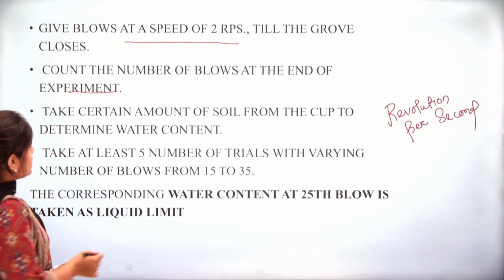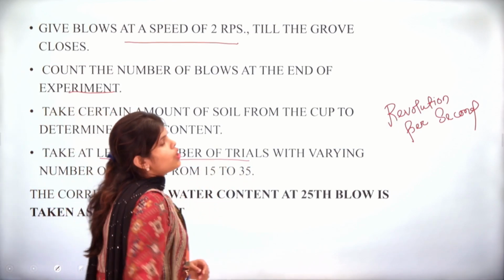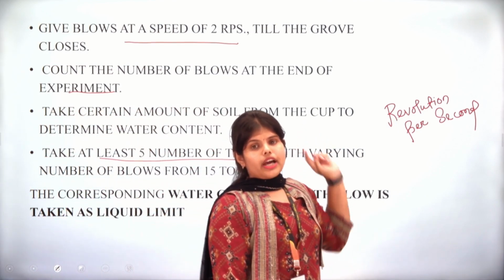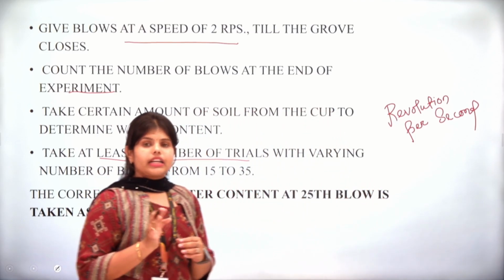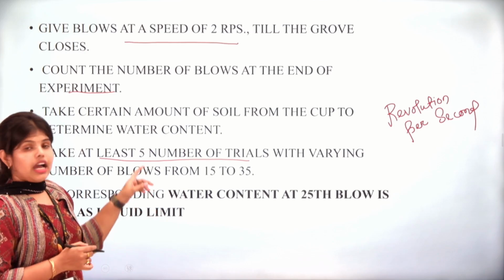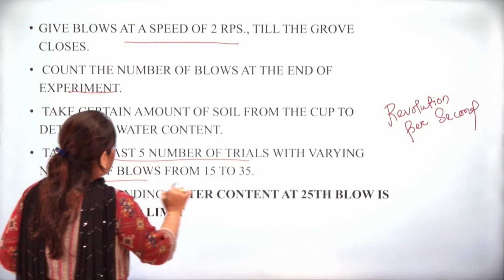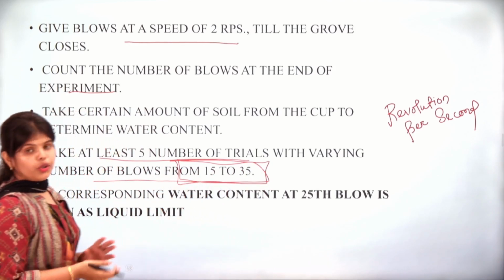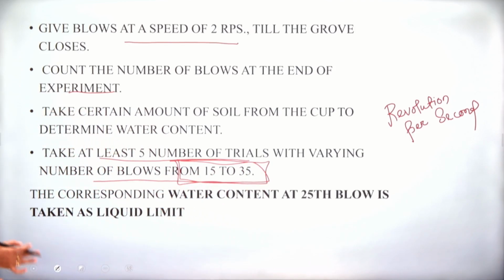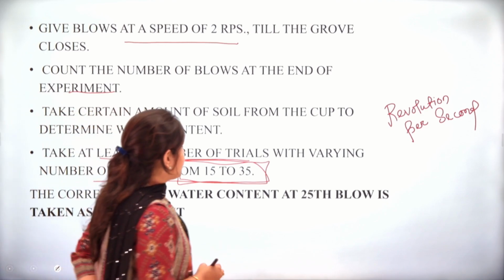Next, take at least 5 trials. We will do this test at least 5 times, with the number of blows between 15 and 35. From these 5 trials, we will have one flow curve.